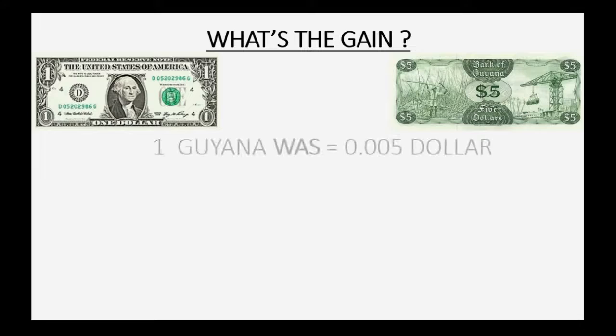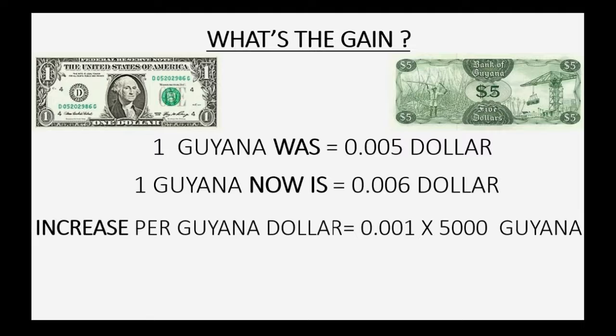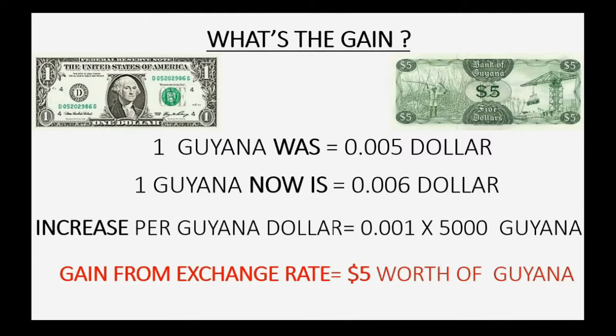So what's the gain? Well, the Guyana dollar was $0.005 at the moment we made the invoice, and now at the moment we're getting paid, the Guyana dollar is now worth $0.006. There is an increase per Guyana dollar of $0.001. And since we received 5,000 of the 10,000, that means the gain from this payment that we receive is $5.